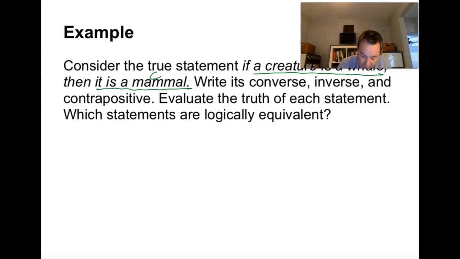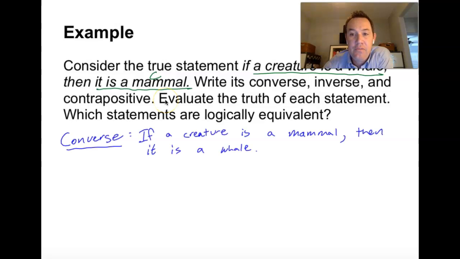So let's start with the converse. For the converse, all I need to do is swap the order of the hypothesis and conclusion. So I'll say, if a creature is a mammal, then it is a whale. Now the original statement overall is true. What about this one? Well, all you need to do to prove a conditional statement false is give a counterexample.